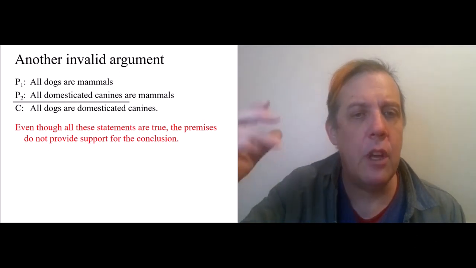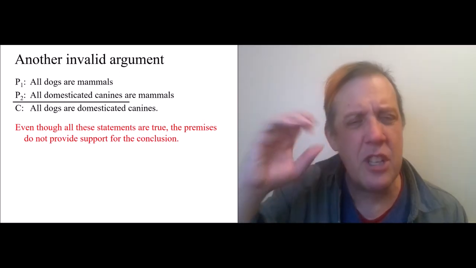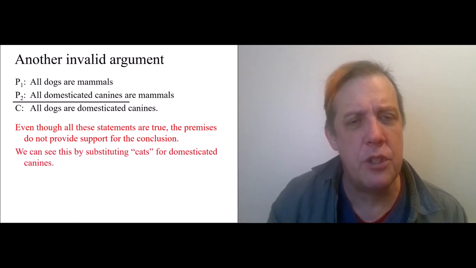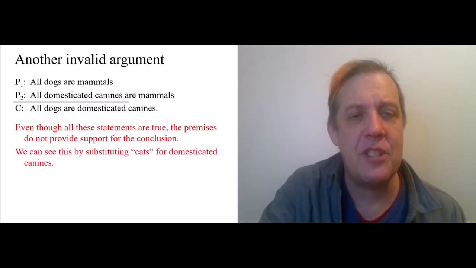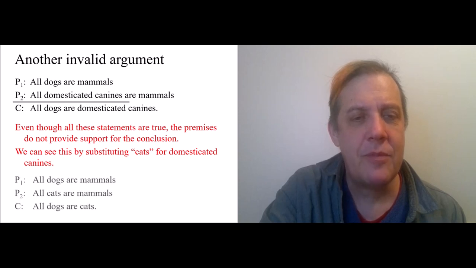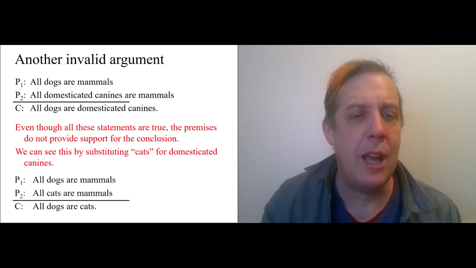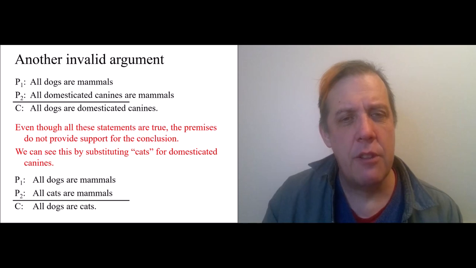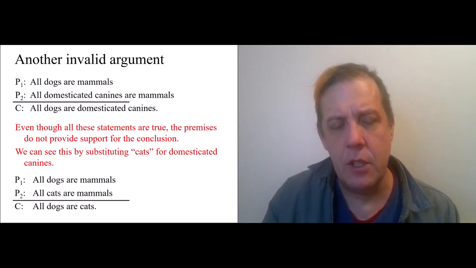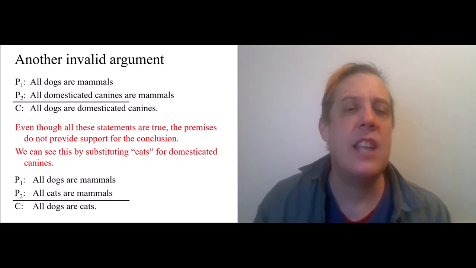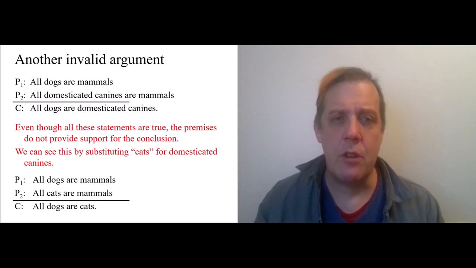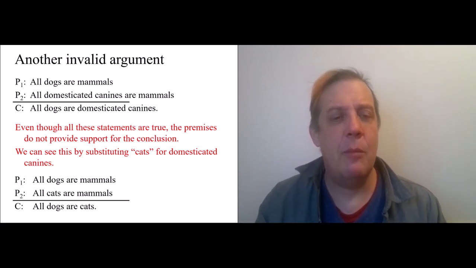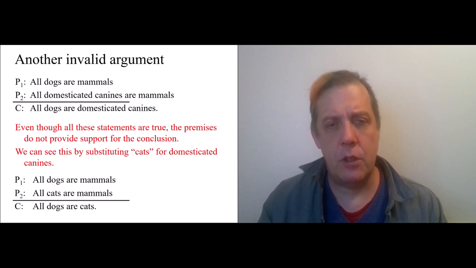So, even though all the premises are true, they actually don't provide support for the conclusion. And we can see this by substituting cats for domesticated canines. Right? All dogs are mammals. All cats are mammals. Therefore, all dogs are cats. Suddenly, we have the same argument structure, but true premises and a false conclusion.